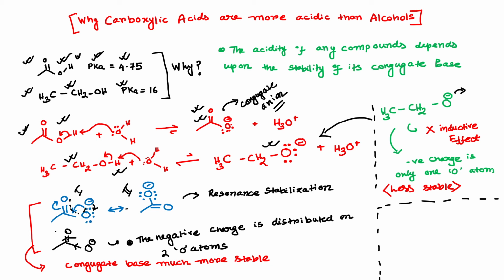So this conjugate anion has much higher stability compared to the other conjugate anion. As it has such high stability, we can say that acetic acid is much more acidic in nature. You can see how the inductive effect as well as the resonance effect decides the acidity of any compound.